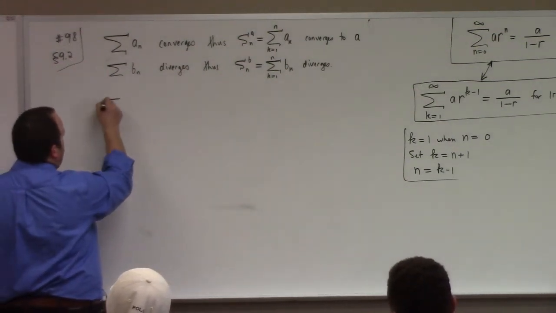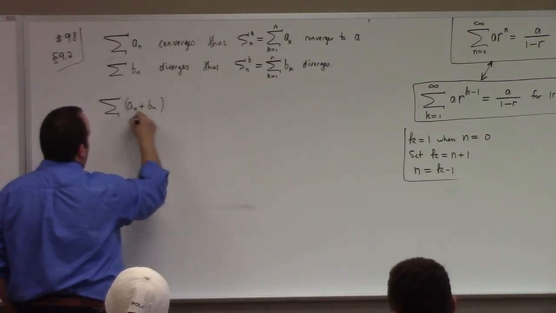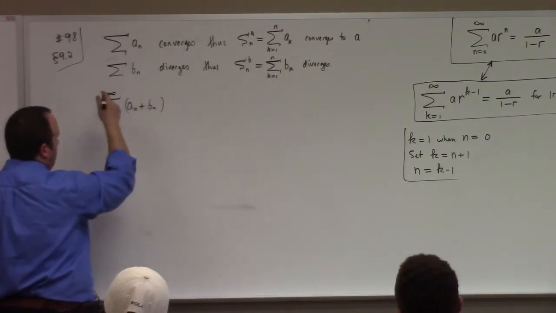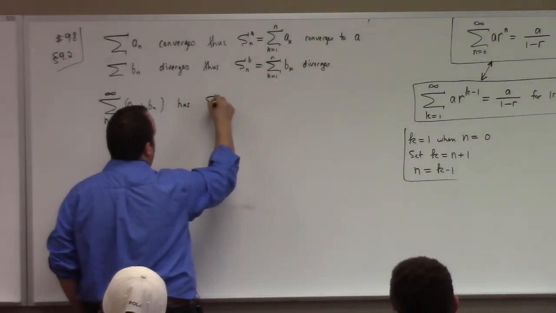So as a sequence, it diverges, right? So if we look at the sum of a sub n plus b sub n, n equals 1 to infinity, this has the nth partial sum being what?